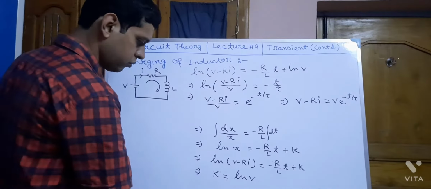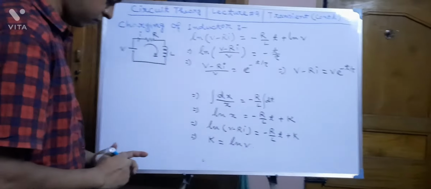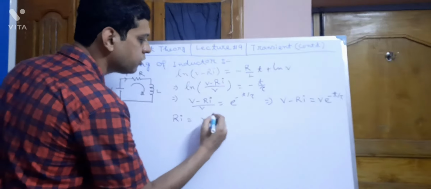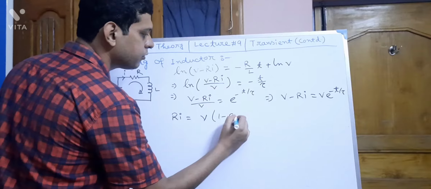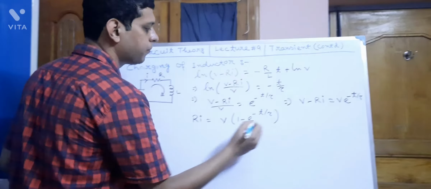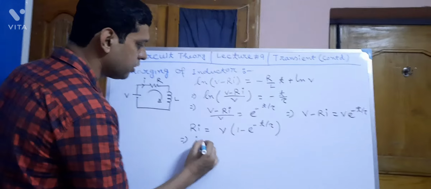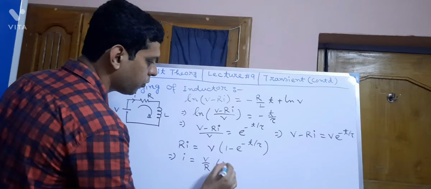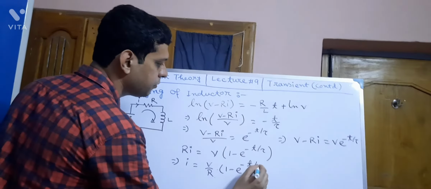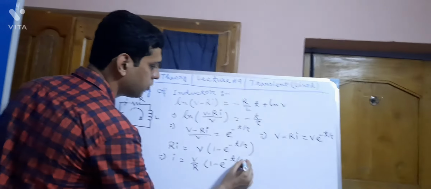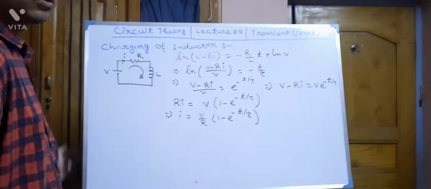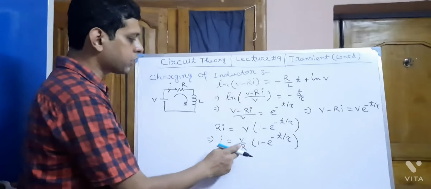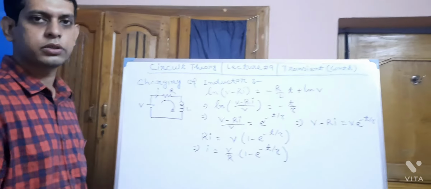So ri equal to v into 1 minus e to the power minus t by tau, or i equal to v by r into 1 minus e to the power minus t by tau. Okay, so the solution is unique. We got the same solution in all the three methods.